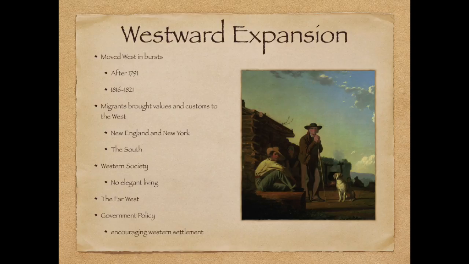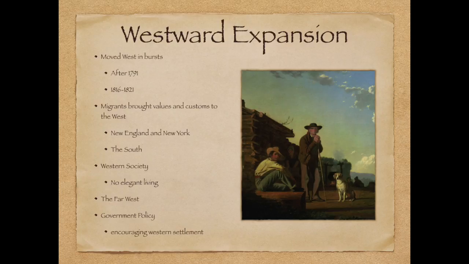You had some rather well-known explorers who made their way into the far west. People like Zebulon Pike, who explored the Spanish Southwest in 1806 when he sighted a peak in Colorado, which was later named after him, and that is Pikes Peak today.